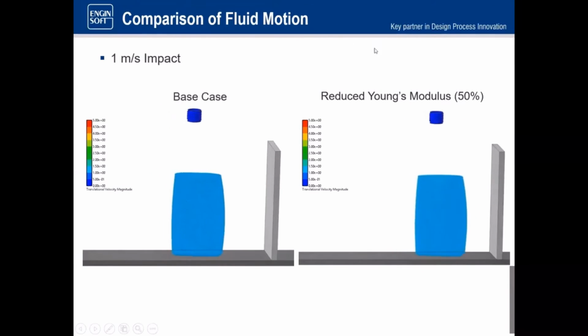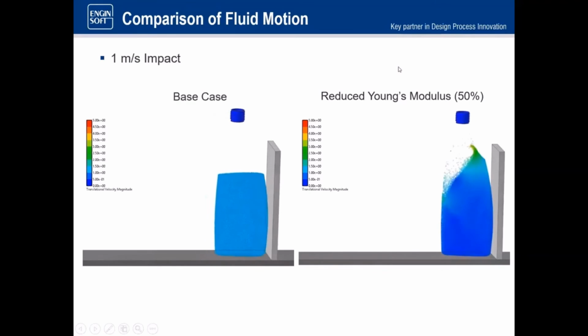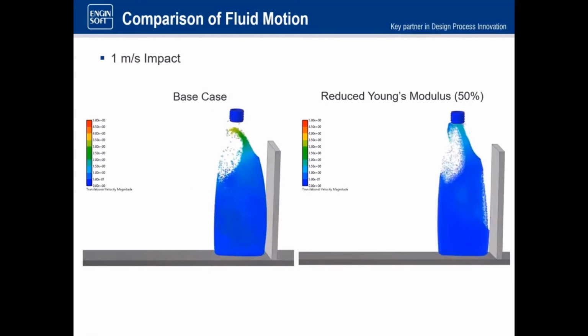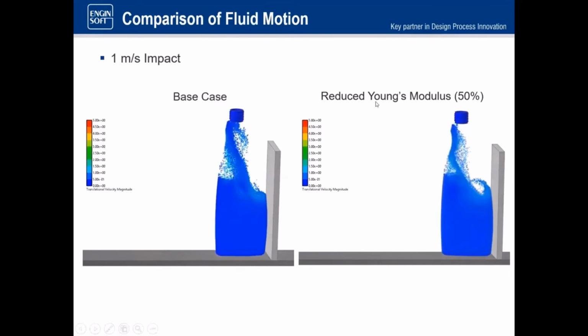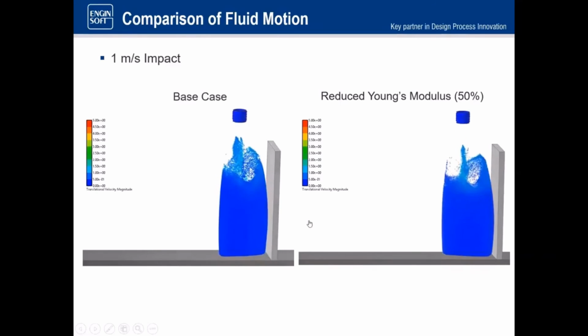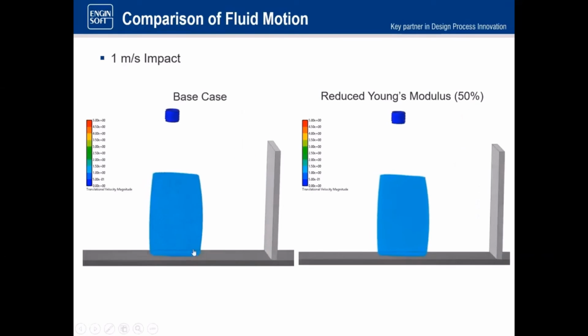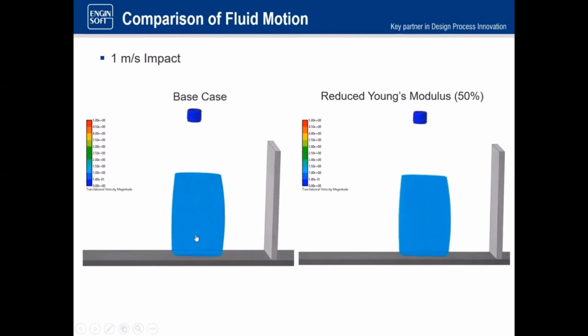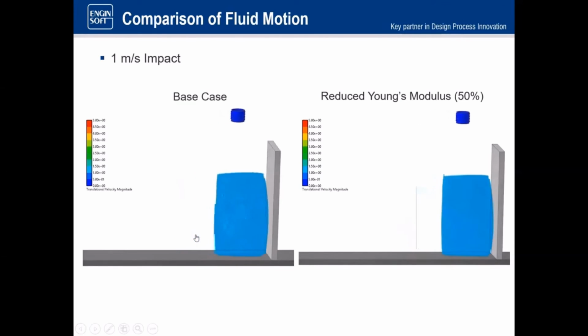So this is comparing with the reduced Young's modulus as far as what the fluid's doing. You can see there are differences in the fluid behavior. How would we describe these differences?